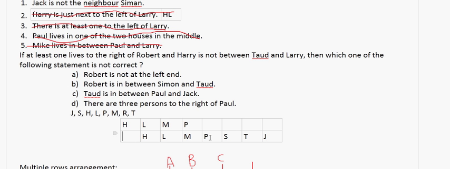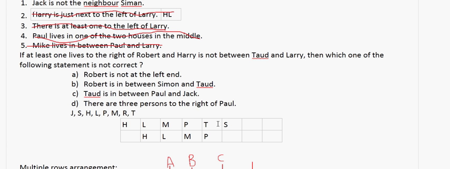Now let's go to the next one, which says Robert is between Simon and Todd, right? So can it be possible? Harry is not between Ted and Larry. So Ted can be here, right?